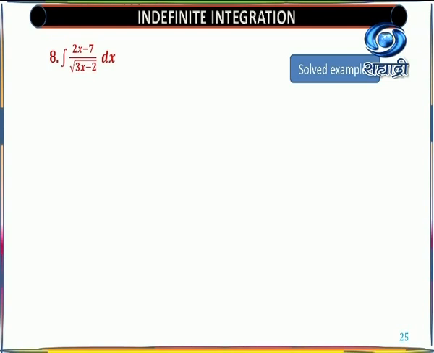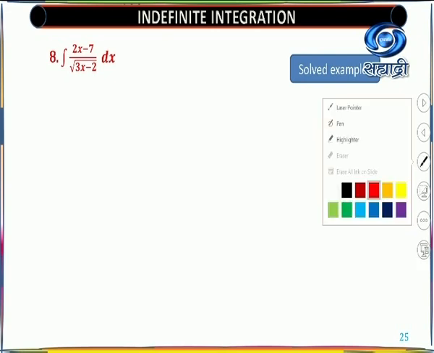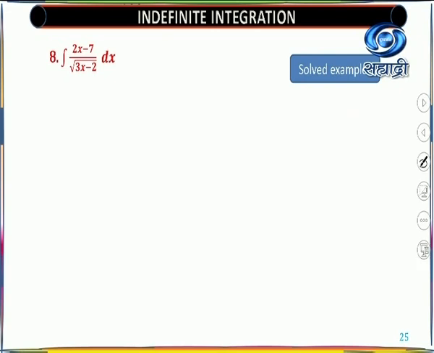Now here what we have to do, we have to split our numerator in terms of the denominator's function. So for that we need to write 2x minus 7 as a into (3x minus 2) plus b.